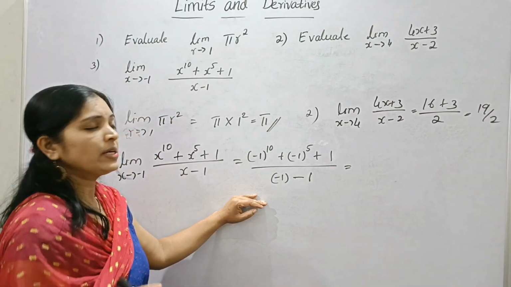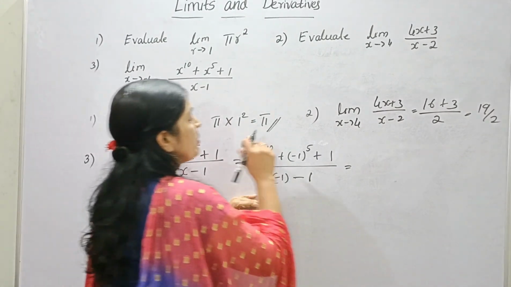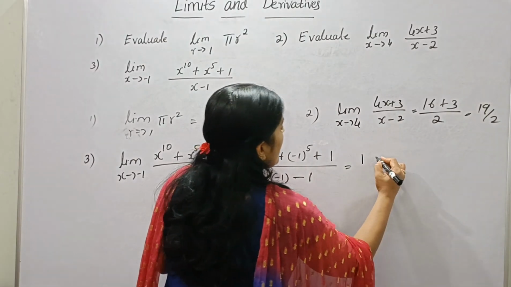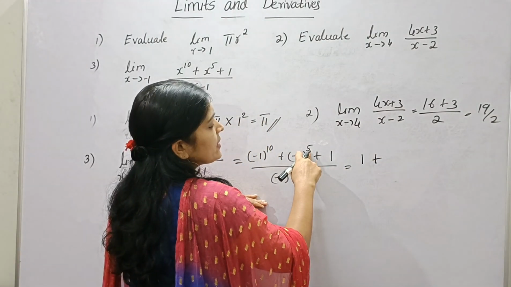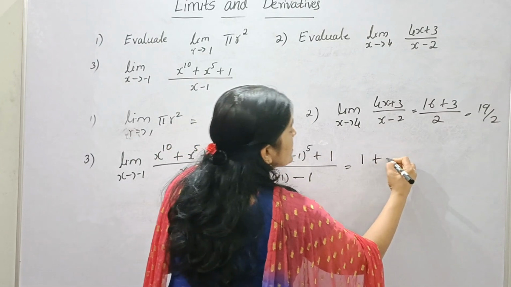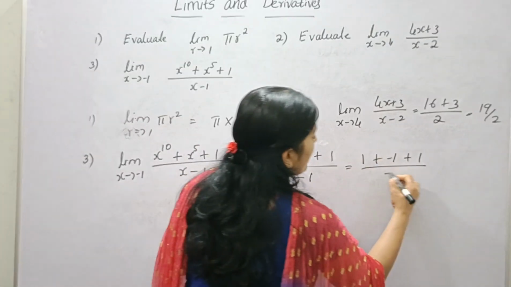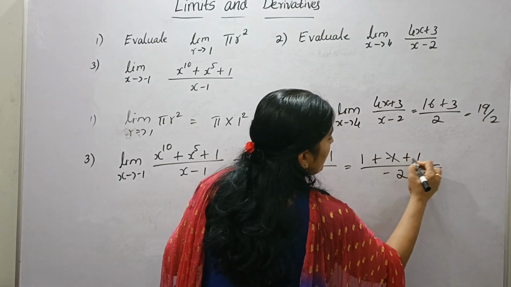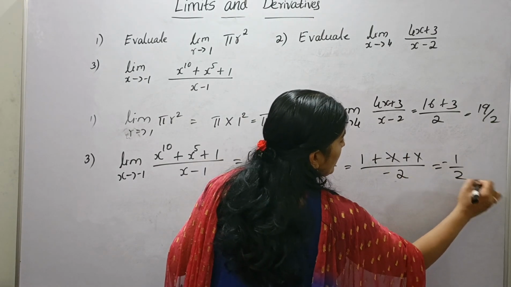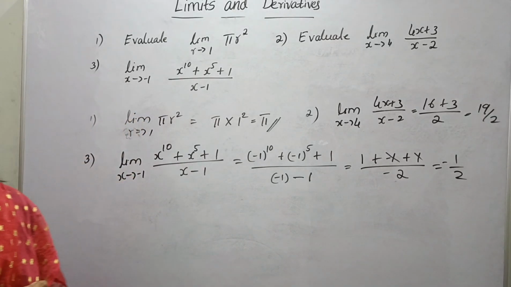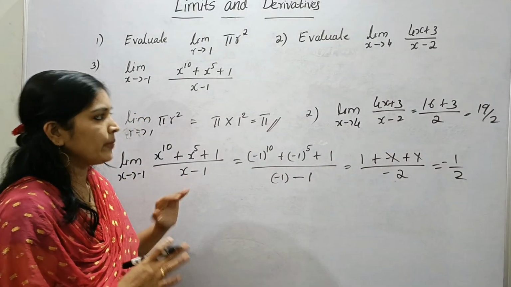Since the power 10 is even, (minus 1) to the power 10 will be plus 1. Since 5 is odd, (minus 1) to the power 5 is minus 1. Plus 1. Divided by minus 1 minus 2. The 1 and minus 1 cancel, so we get 1 divided by minus 3, that is minus 1 by 3. So for the third one also, we have got the value of the limit of the function.